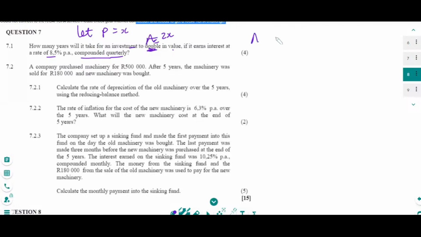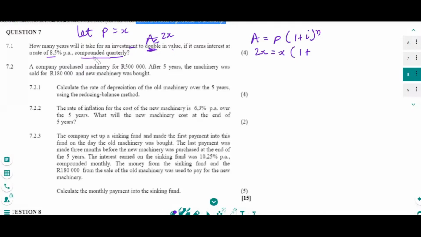So A is equal to P times (1 plus i) to the exponent of n. This is just a single payment, not multiple payments. So I'll use my A as 2x, and P is x, times (1 plus what do we need?